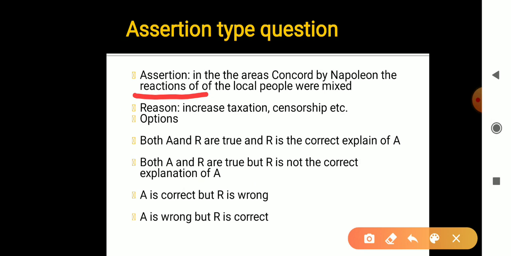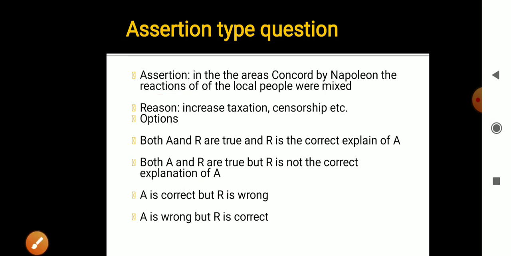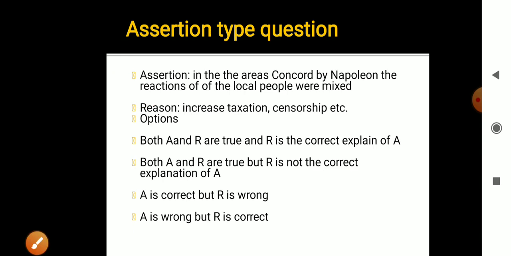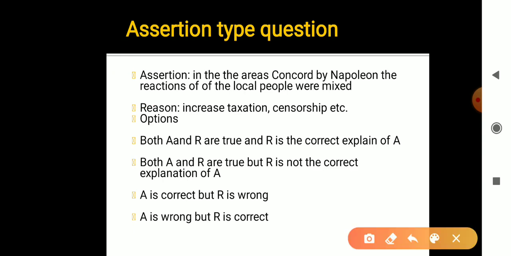And the reason I have mentioned is increased taxation, censorship, etc. So this is the assertion and this is the reason. For this type of question, four options have been mentioned: option 1, option 2, option 3 and option 4.